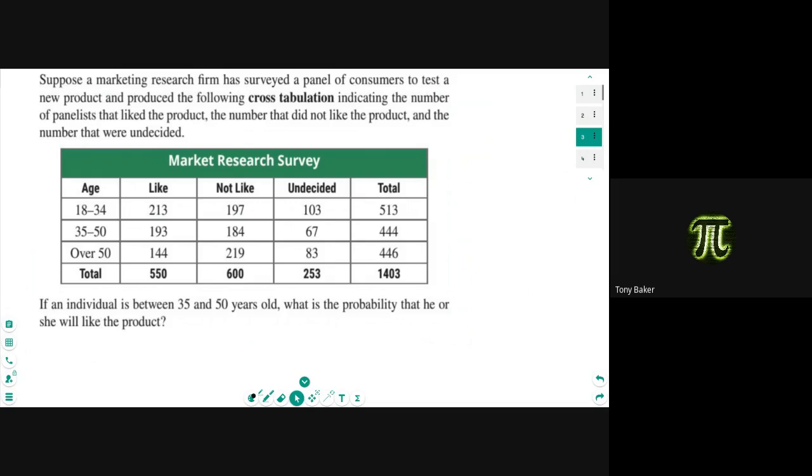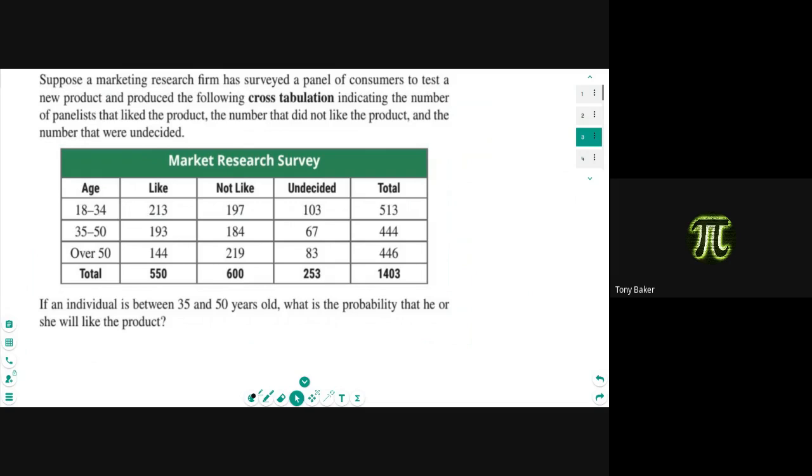What's it as a fraction? Forget the actual decimal. 213, right? Yes. But it would be over the total, so in this case, it'd be 213 over the 1403.